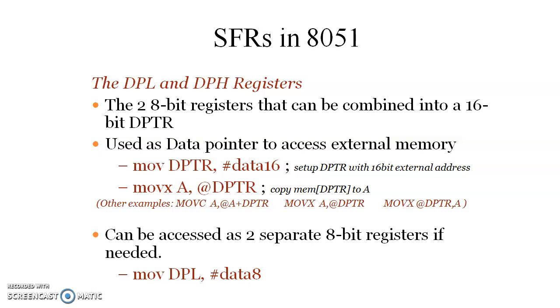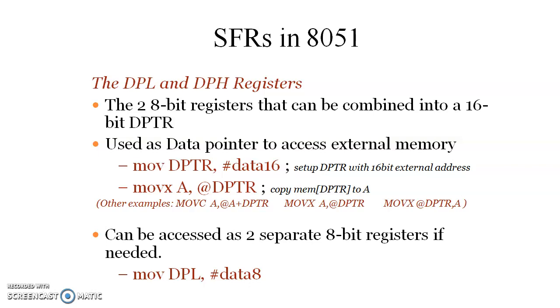DPL and DPH are two 8-bit registers that can combine into a 16-bit DPTR, used as a data pointer to access external memory. That means if you want to store 16-bit data, you can use this DPTR register.